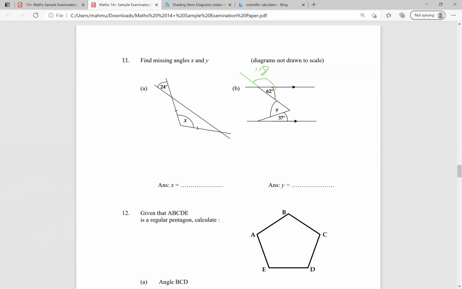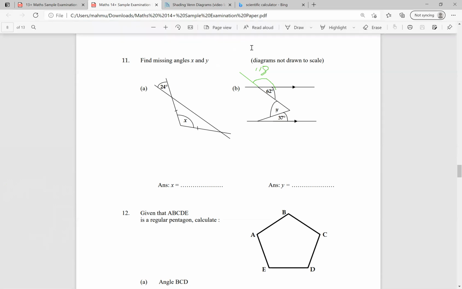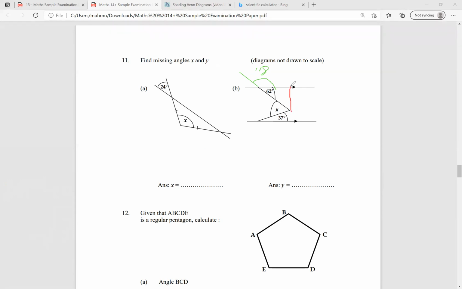So remember, it's a parallel here. The line is a parallel. So what I would have done, look, draw this line right here.